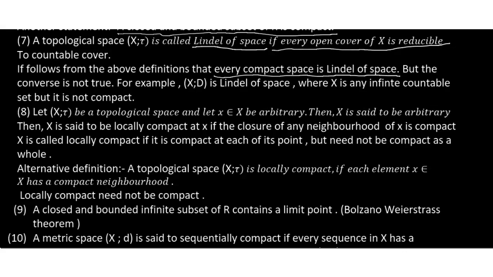(X, D) is a Lindelöf space where X is any infinite countable set, but it is not compact. Must remember, it is Lindelöf where X is any infinite countable set, but it is not compact.